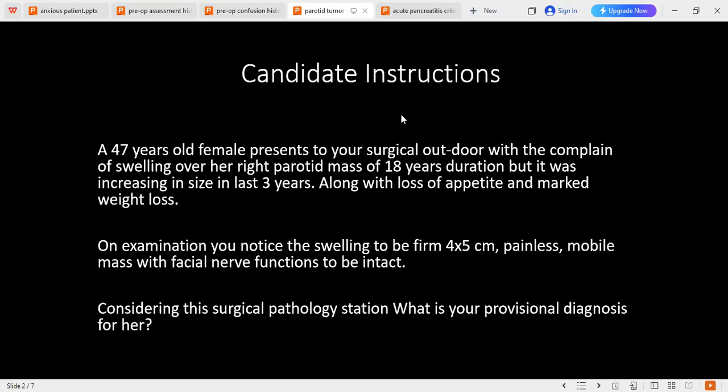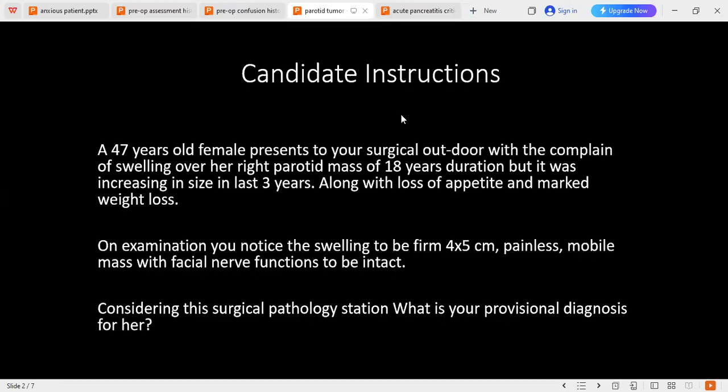Okay. For the investigation in your outdoors, you said one you should do is ultrasound, and the second is biopsy. Which biopsy would you use? Fine needle aspiration or a true cut biopsy, and why? I think in parotid tumors we use fine needle aspiration cytology, FNAC.